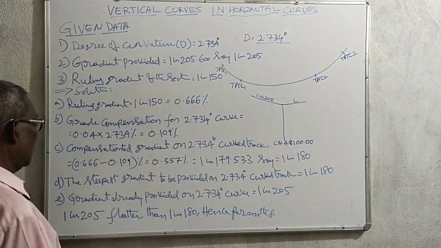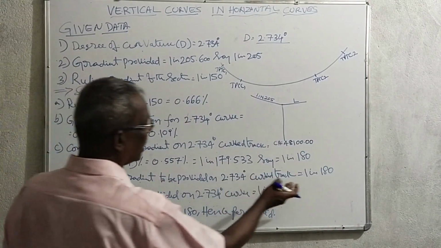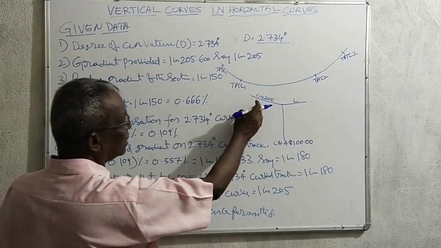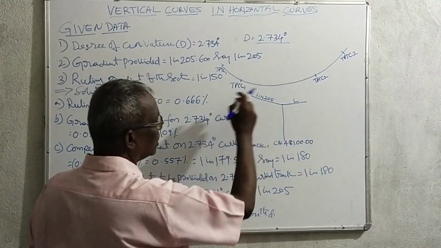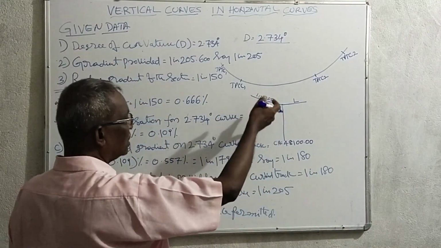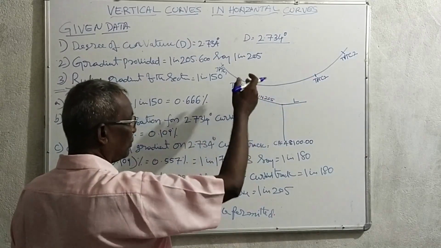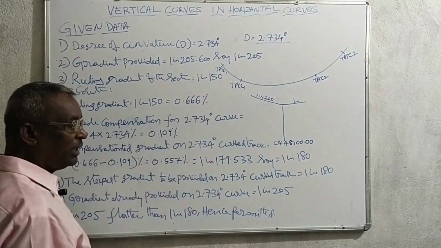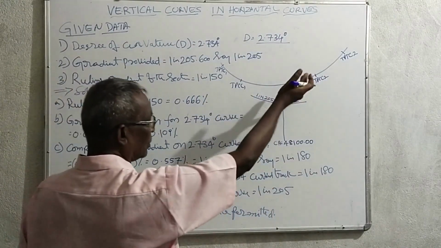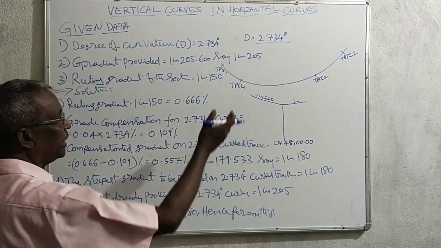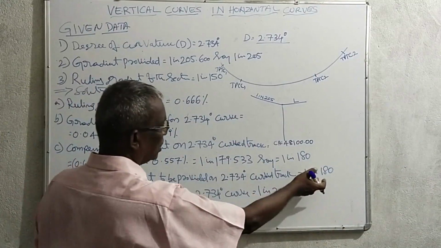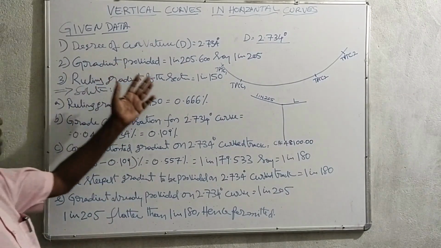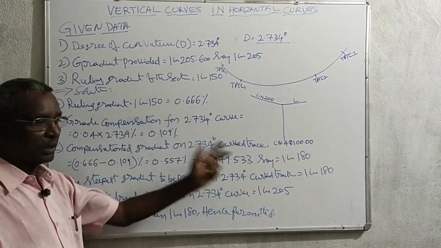For example, the steepest gradient to be provided is 1 in 180, but if what is provided here is steeper than 1 in 180, so that is 1 in 160 or 1 in 170 or 1 in 150, then the gradient is to be redesigned on that particular curve in such a way that the gradient should be flatter than 1 in 180. So this is the concept, if a vertical curve falls on a horizontal curve.